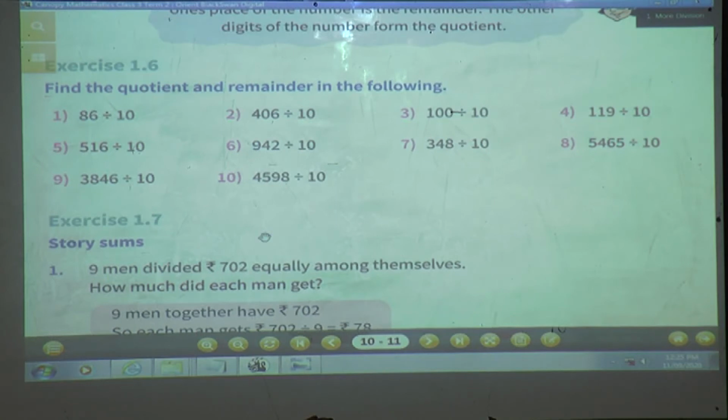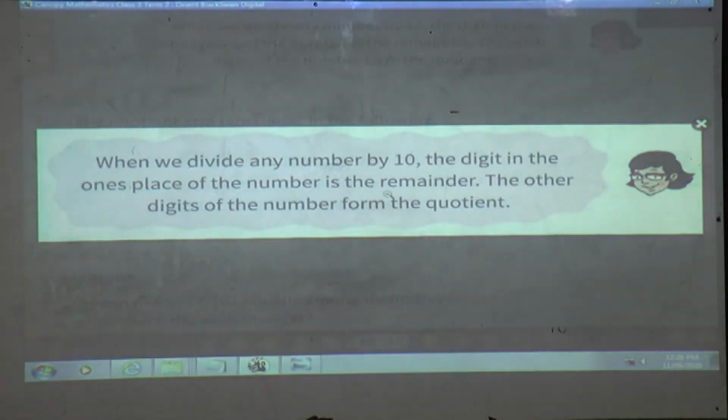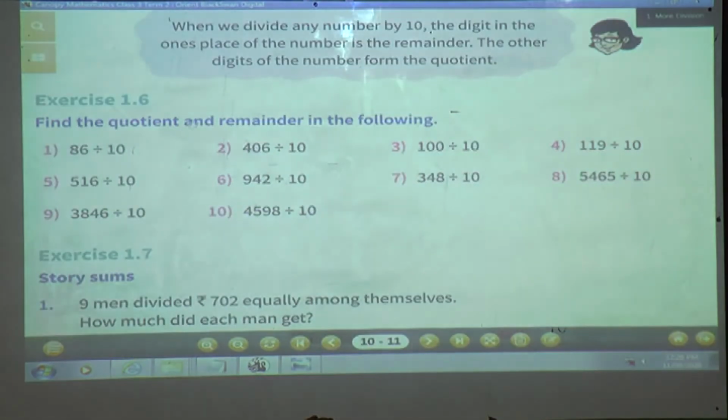From this rule, when we divide any number by 10, the digit in the ones place of the number is the remainder, you can solve all these examples orally also. First you have to tell me the answer orally only, and after that we will check.